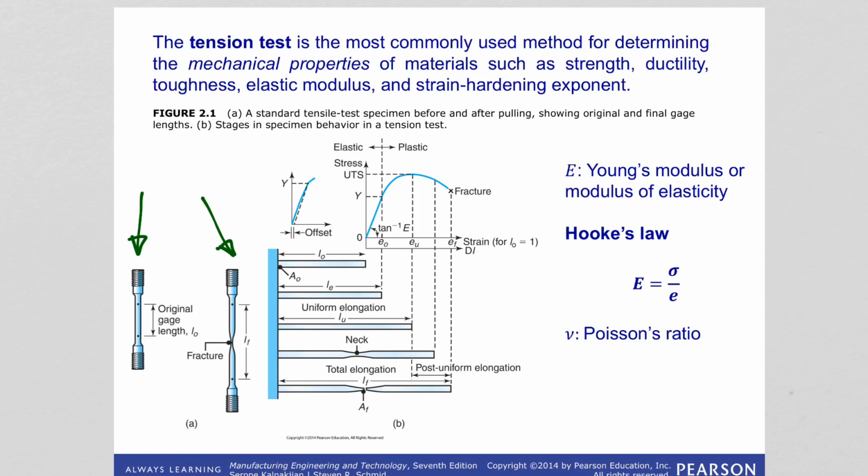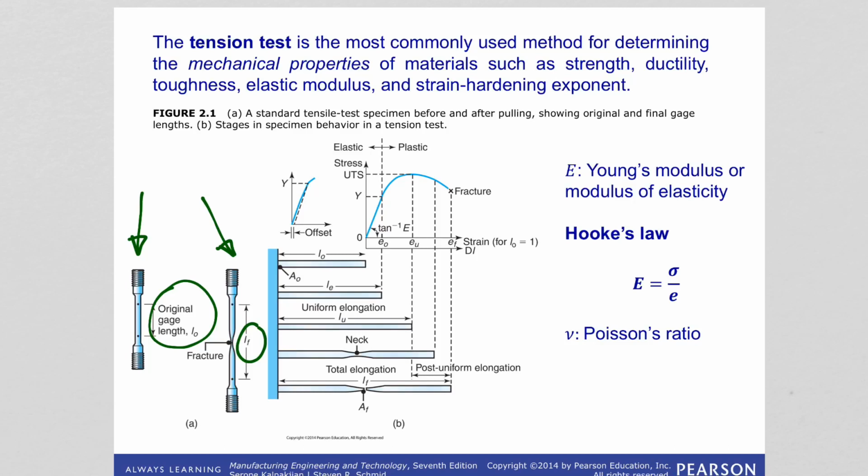A typical test result is shown. L0 is the original gauge length, the initial length of the specimen, and this is the final length of the specimen before it breaks.